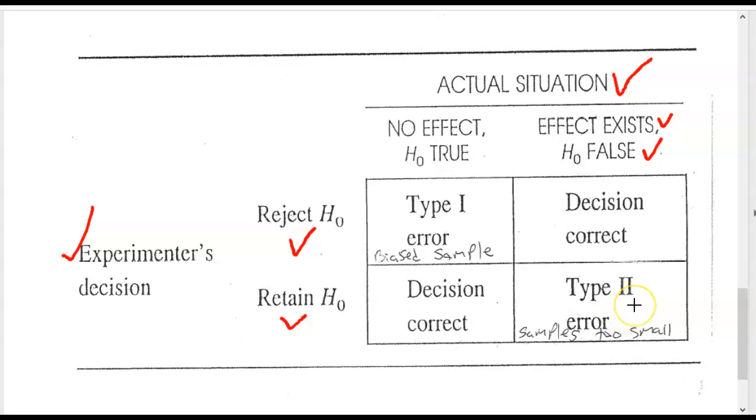Because you used too small of samples. Maybe you only had 7 people in one group and 8 people in the other, and had you used more people, it would have been statistically significant. So see, samples too small. All you need to know for the exam, make yourself a little note like I did with my messy handwriting here. How does that happen, a type 2 error? You didn't use enough people. Samples were too small.